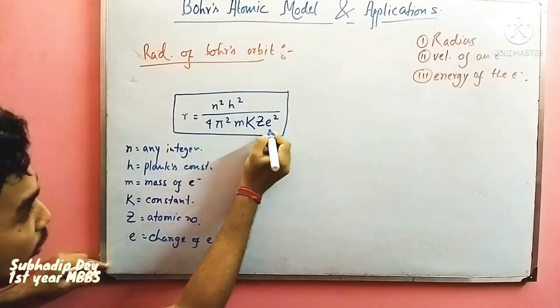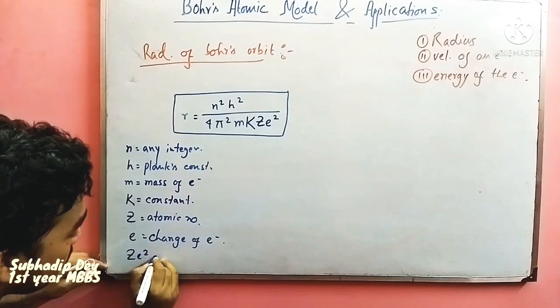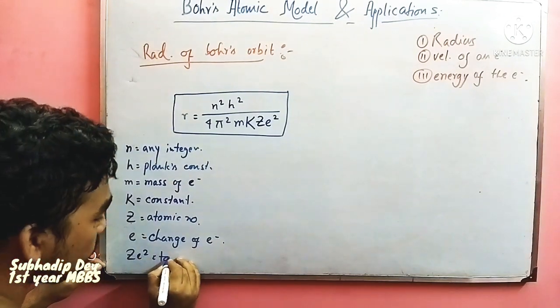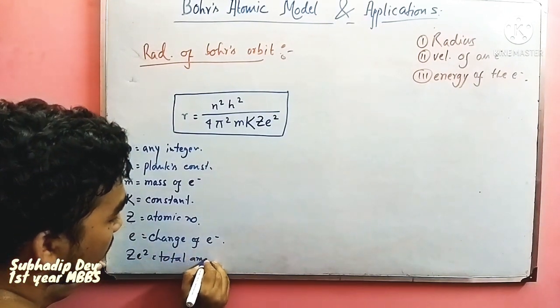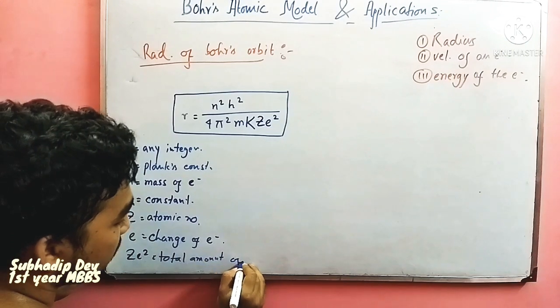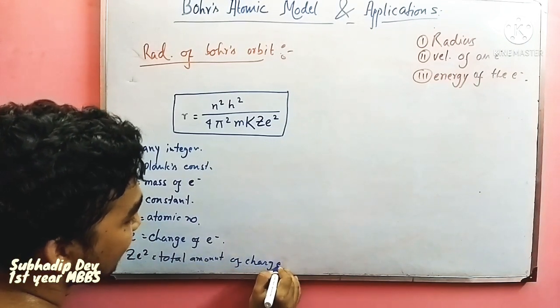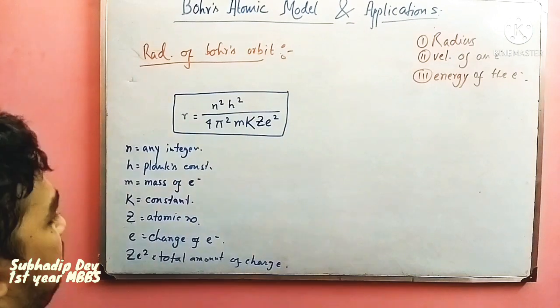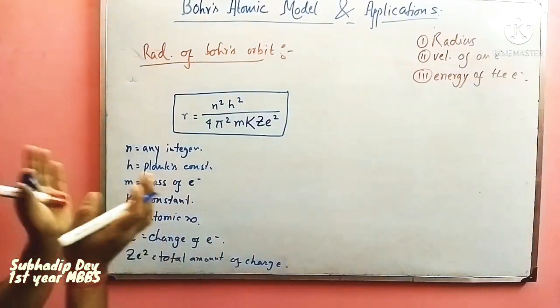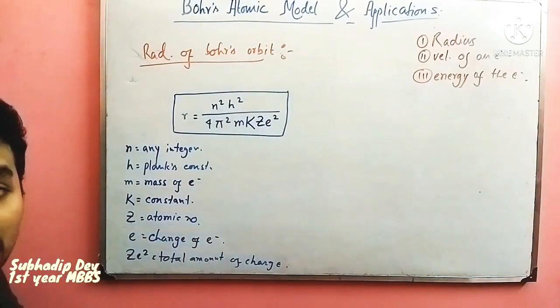And from the term z we will get the total amount of charge present in the orbit.